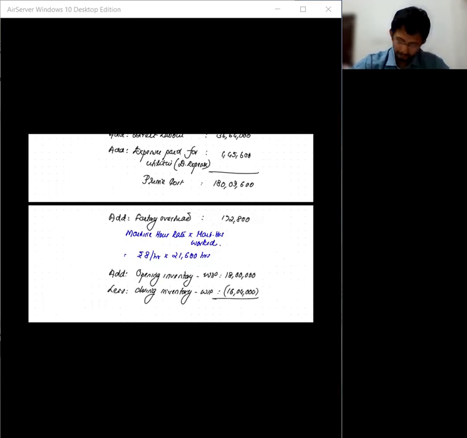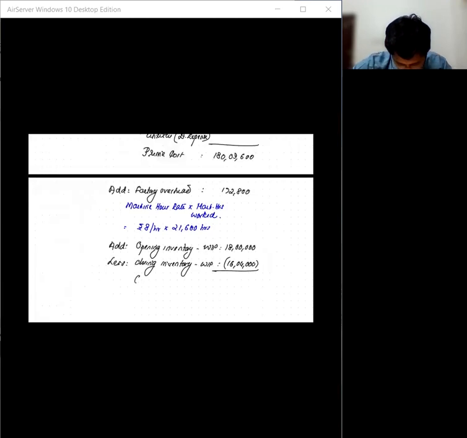It should be reduced. So what is the cost of production? You get it as 180,09,600 plus 1,72,800 plus 18 lakhs minus 16 lakhs 04,000. Okay, and it comes to 183,78,400 cost of production.